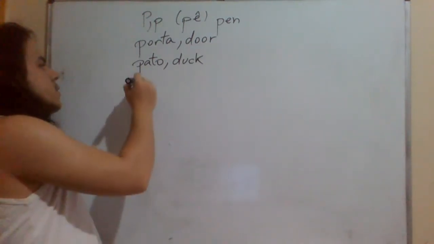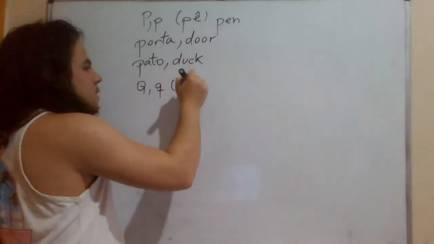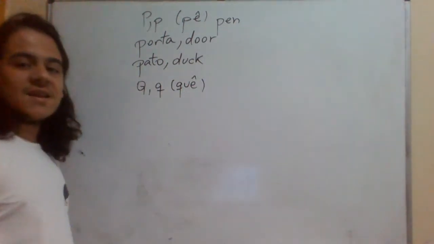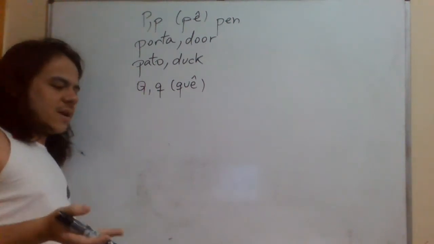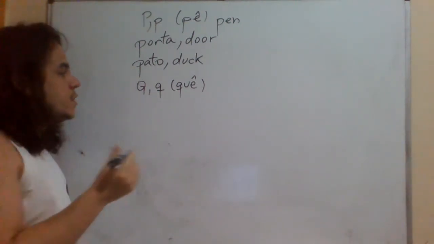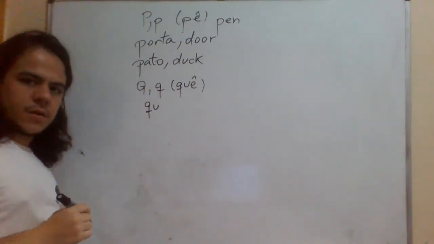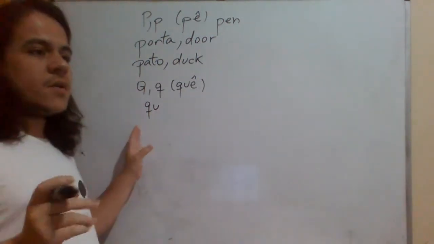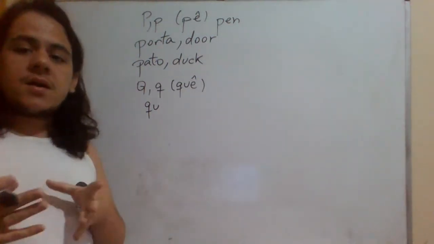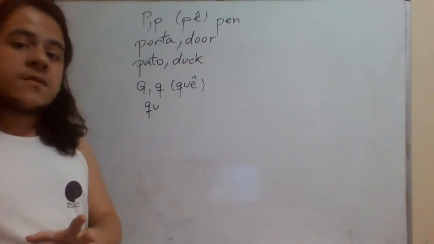Next letter is letter Q. In Portuguese we say que, letra que. This letter que will always be together with letter U, like this. Alright? And these two letters together can make a unique sound or not.